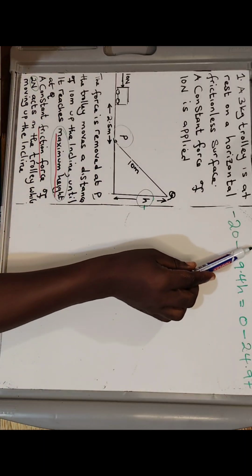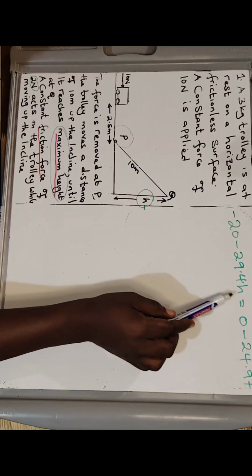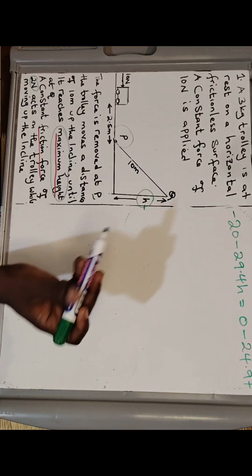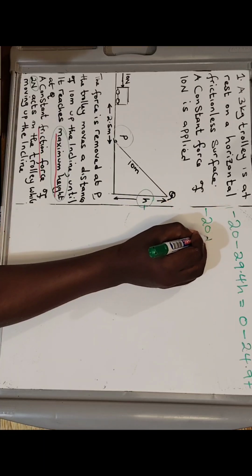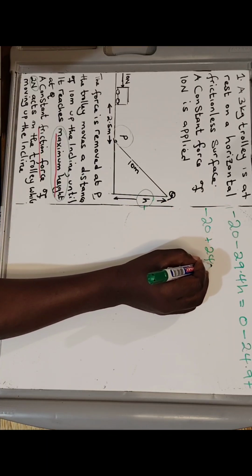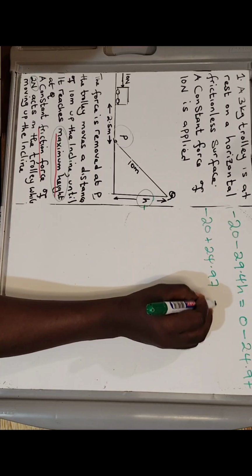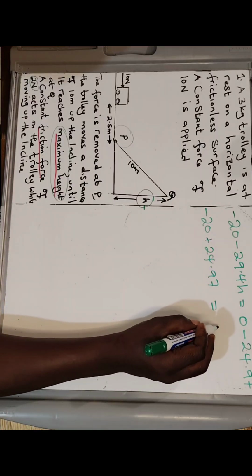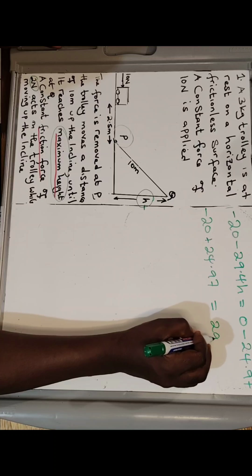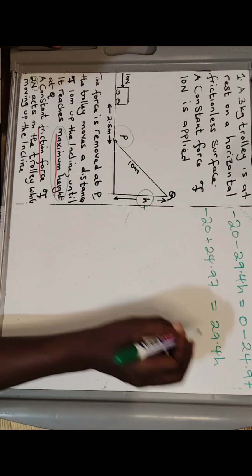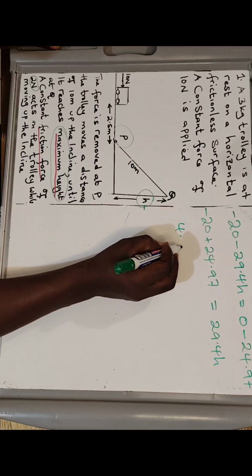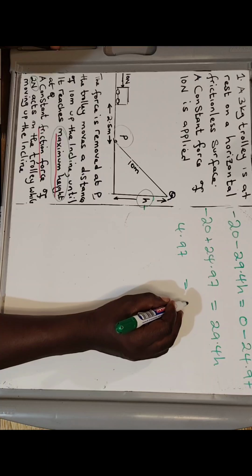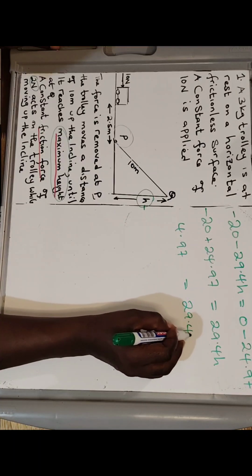It is preferable that this unknown becomes positive. So what do we have here? We have minus 20 plus 24.97, giving you 29.4 h.